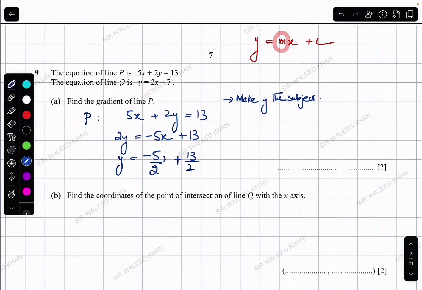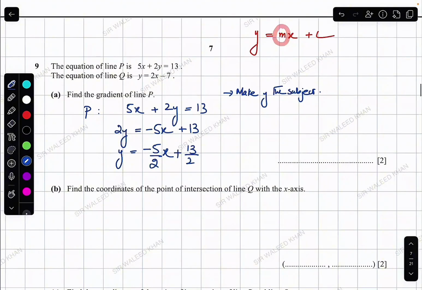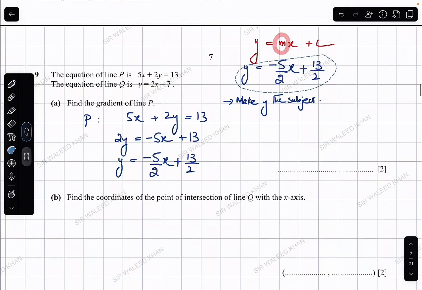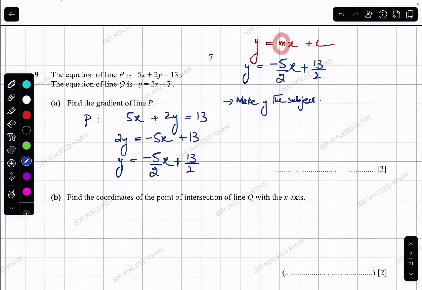There is an x over here as well. Now matching it with the general form, I can figure out the coefficient of x. So that was the first step. Second step will be to match it with the general form, which is y is equal to mx plus c. So you can see your gradient is negative 5 by 2.